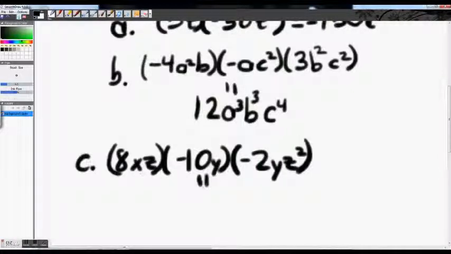Same thing. 8 times negative 10 times negative 2. 8 times negative 10 is negative 80. Negative 80 times negative 2 is 160. So x, there's only that one x there. We have z here and z here, and z squared here. We get z cubed. We've got 1y.